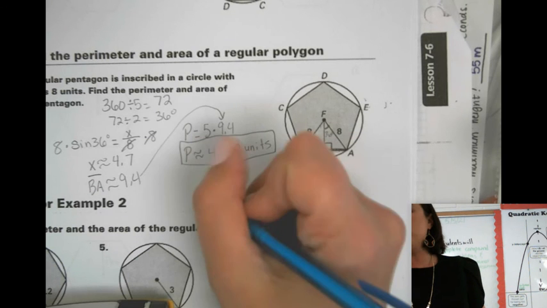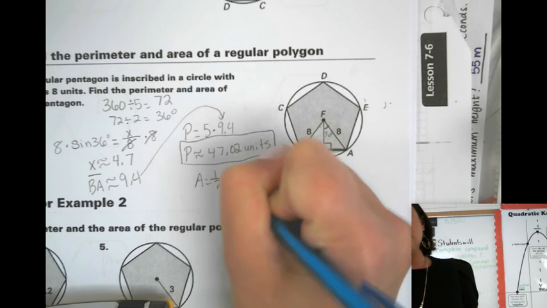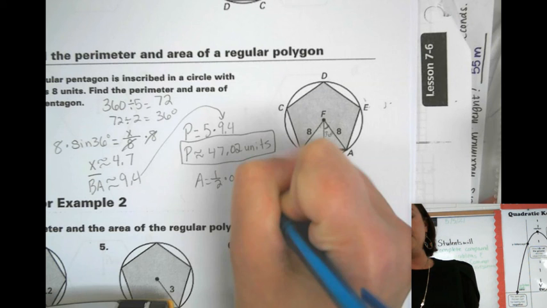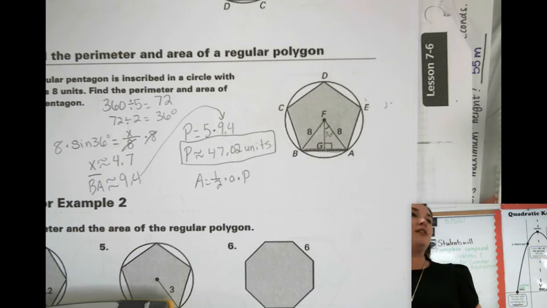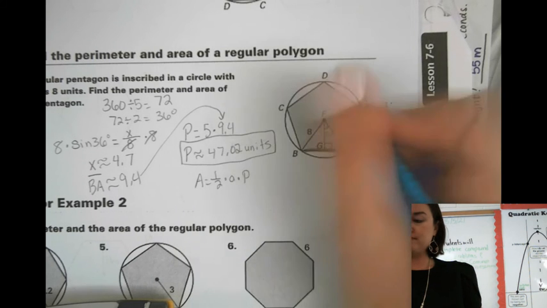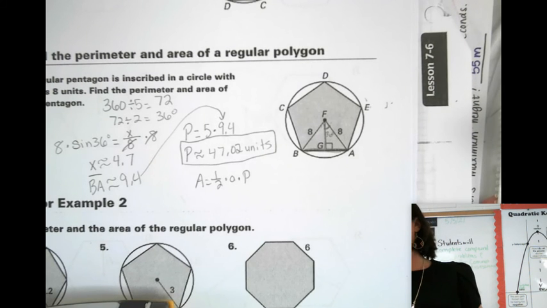So now the formula for area is 1/2 times the apothem times the perimeter. Well, we don't know the apothem yet. Which letters represent the apothem here? FG. So we've got to find the length of FG before we can find the area. So let's go back to our trig ratios.